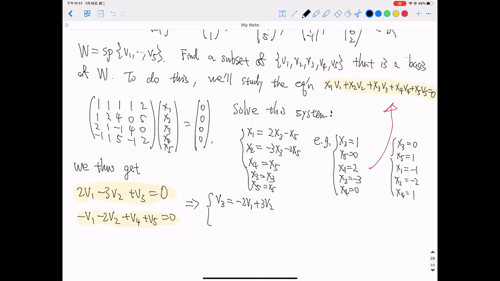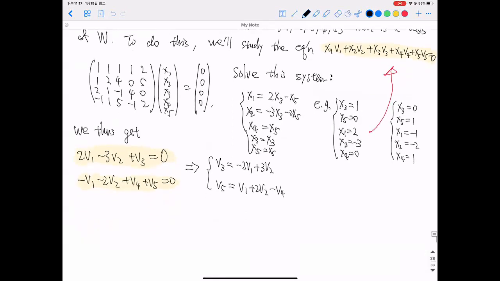In the second equation, I can get, say, v5 equal to v1 plus 2v2 minus v4. So what this is saying is that if we are looking at the span of v1 through v5, we don't need v3 and v5. So v3, v5 are redundant, because they are expressed in terms of the others.